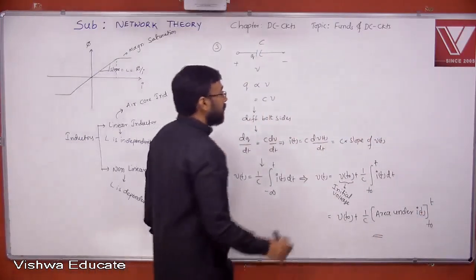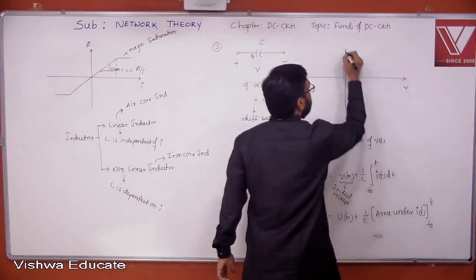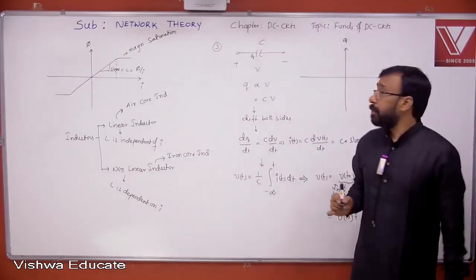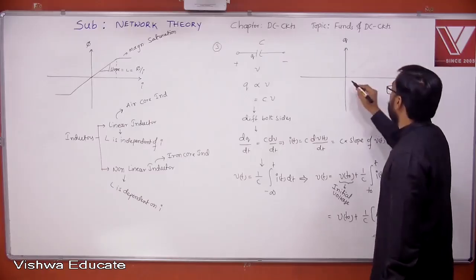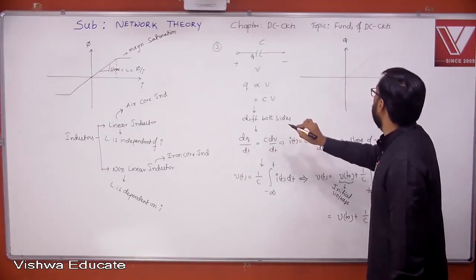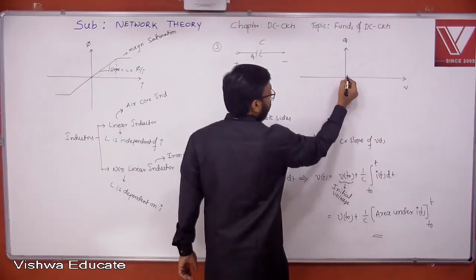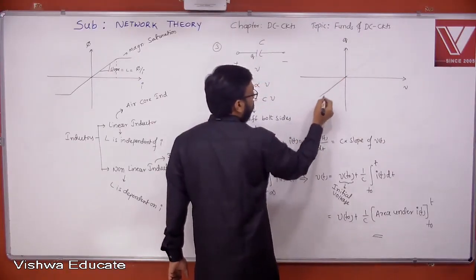And the characteristics, if you see, voltage on the x-axis, charge on the y-axis, okay? It's a line passing through the origin, but the same thing may happen even in the third quadrant, yes or no? Even in the third quadrant, the same thing will happen, okay? Linear, okay?